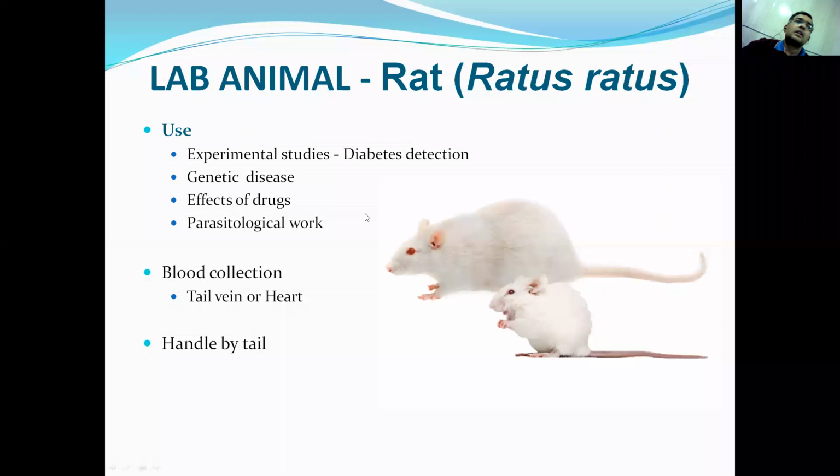For blood collection, similar to mice, the tail vein is generally used, and many times direct heart puncture is also performed to collect a large amount of blood. The handling of rat is similar to mice. You can handle the rat by the tail and by grasping the ear.